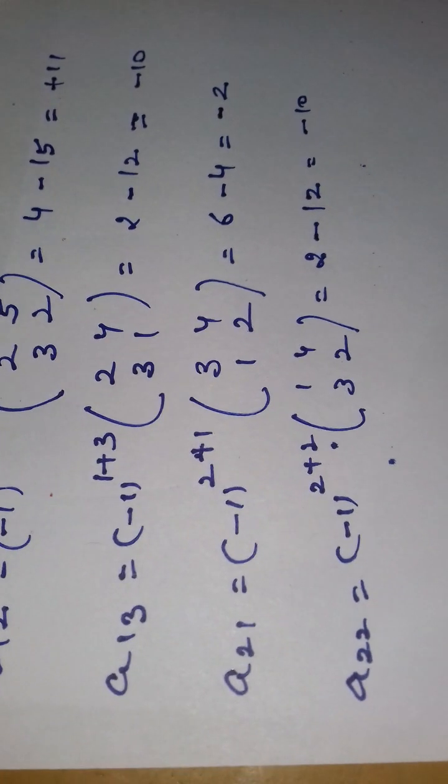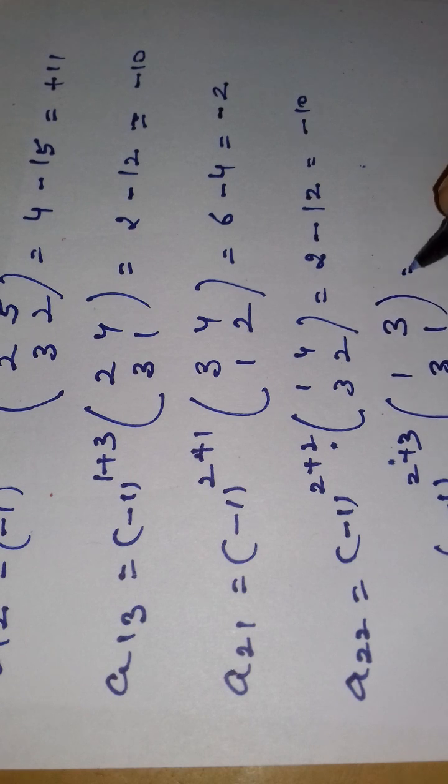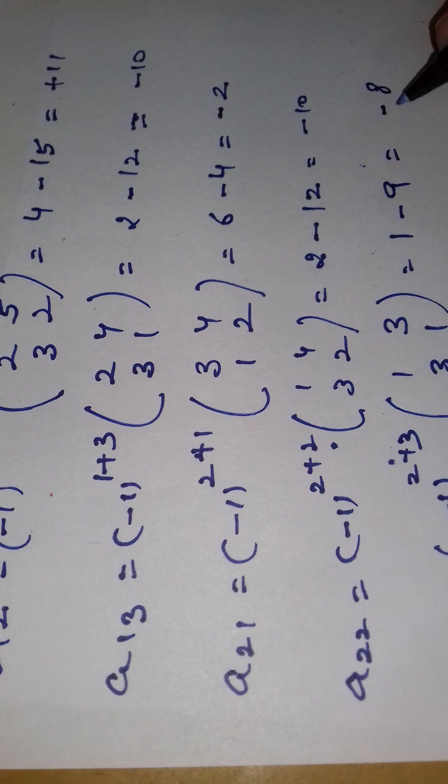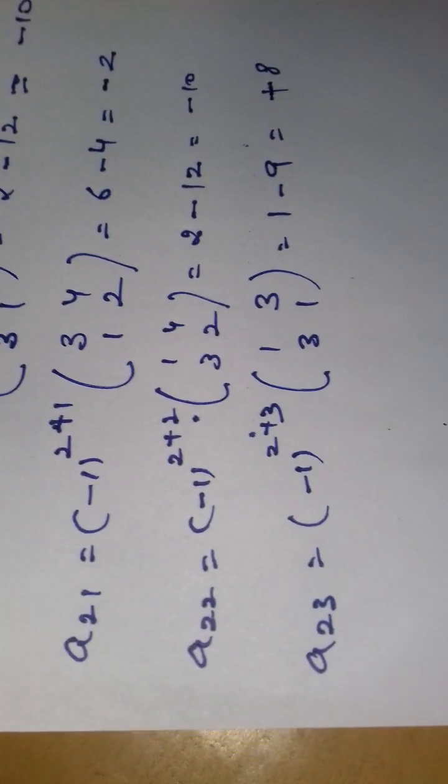Again A23, second row third column, it is minus 1 to the power 2 plus 3. Take its submatrix, it will be 1 3 3 1, which gives minus 8. 2 plus 3 is 5, and 5 means odd, which means we will get the value 8 as positive.